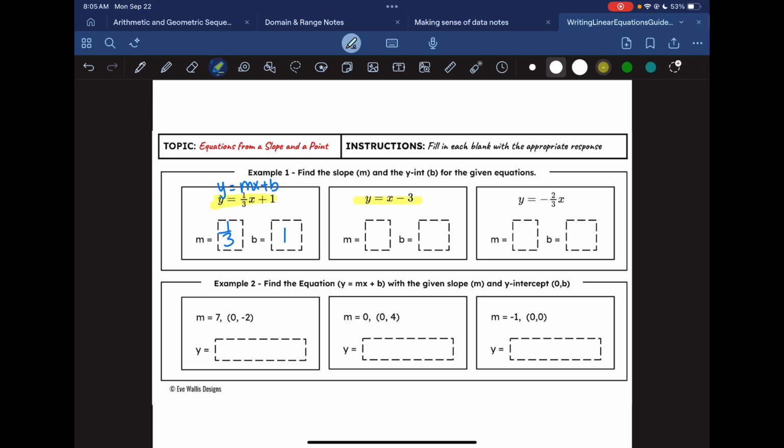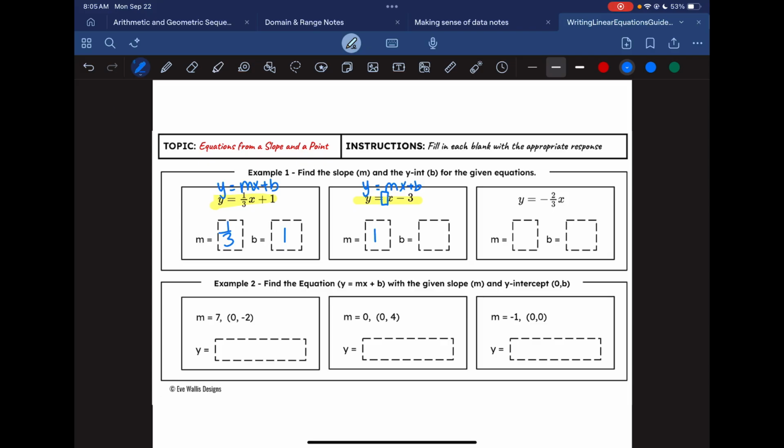Now the next one, we have y equals x minus 3. Again, it's written in slope-intercept form, y equals mx plus b. In this case, you don't see anything in front of the x. If you do not see anything in front of the x, that means it's a 1. It's normally not written. I just say it's invisible.